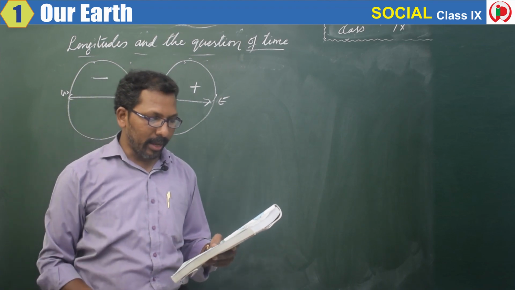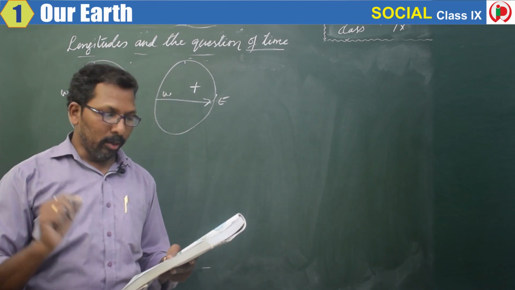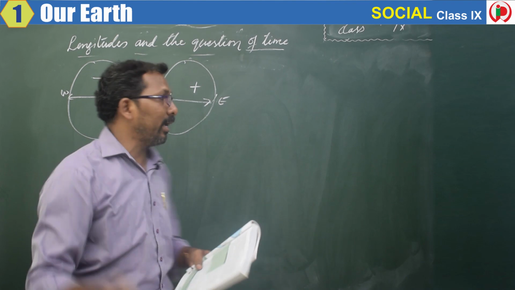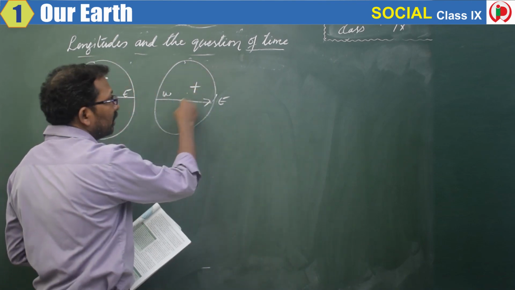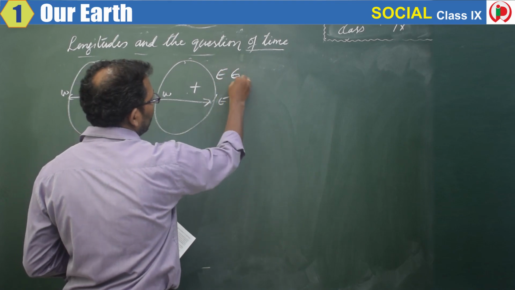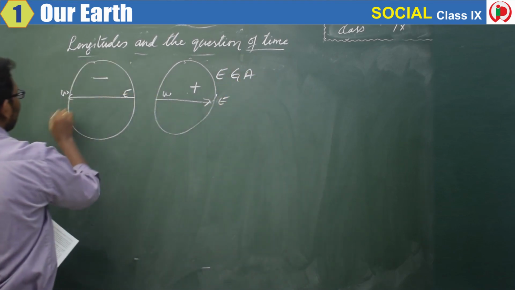These are referred to as EGA and WLS. EGA means east, gain, add. So you are adding here.